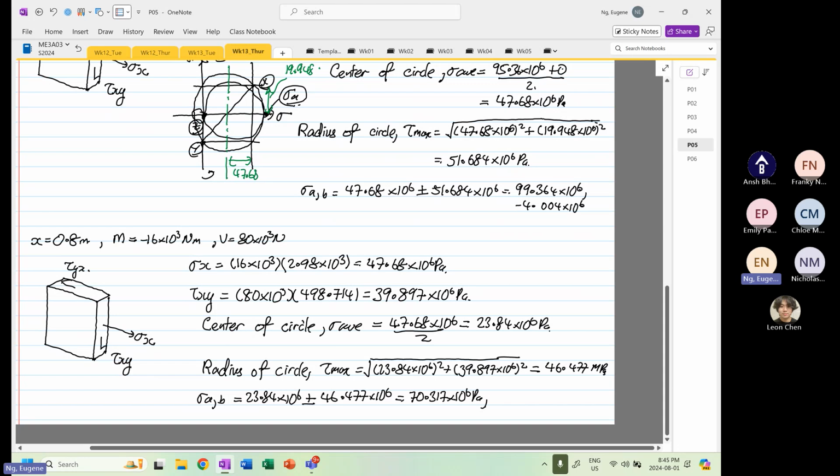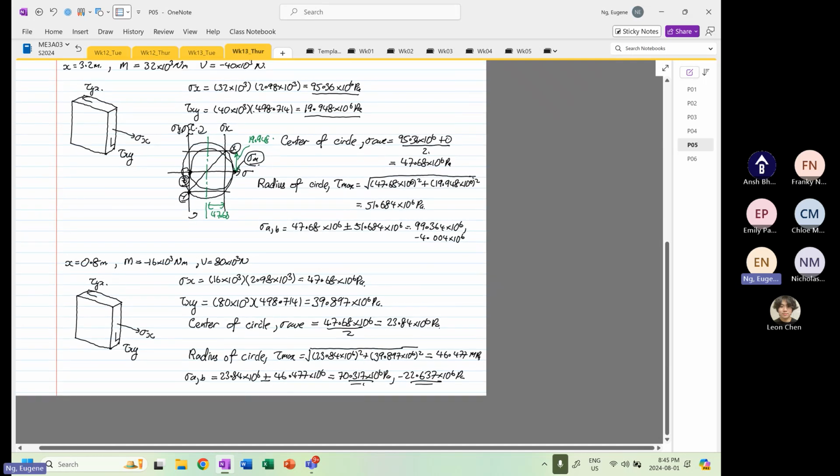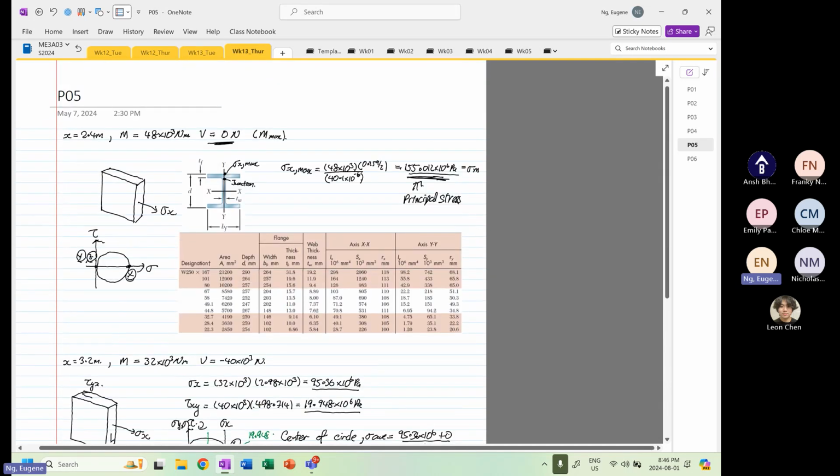And the other value is 23.84 minus 46.477, which is equal to minus 22.637. So the highest principal stress is 155.012 times 10 to the power 6 Pascal.